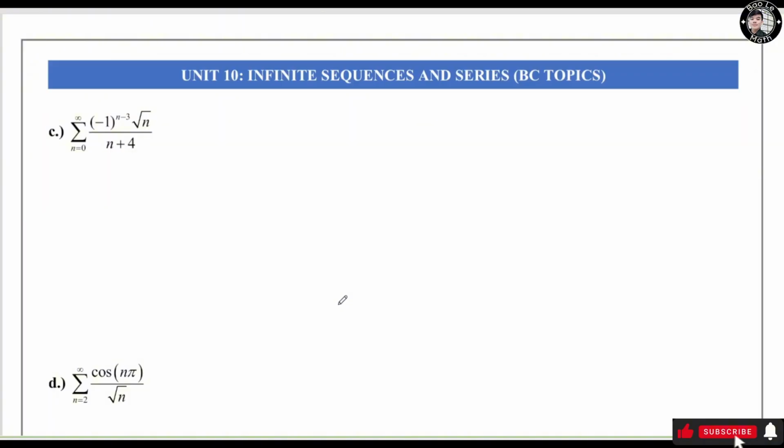Now, let's move on to question C. I'm going to let the whole thing right here be a sub n, and then b sub n equals the square root of n over n plus 4. Now, I'm going to check the first condition to see if the limit of b sub n as n approaches infinity equals 0 or not.